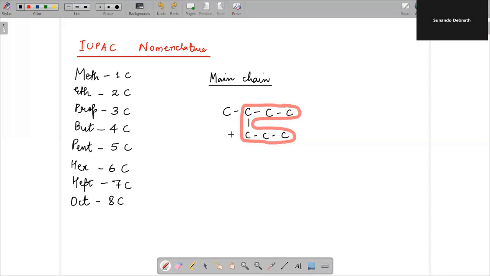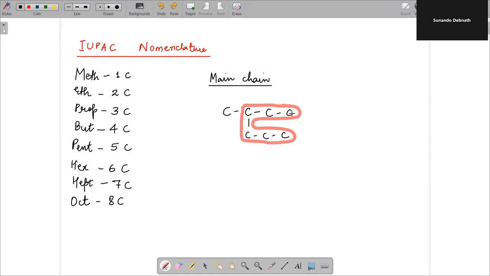But now you focus on how to identify the main chain. The numbering from where we start, 1, 2, 3, from this end or that end, there's a rule again. And in some cases, you can do it from either side. But there's a specific rule also, which we will be talking about later in this video.